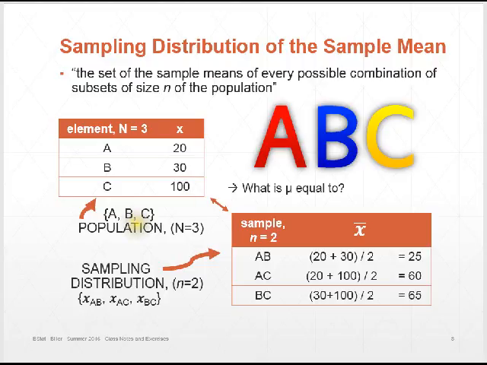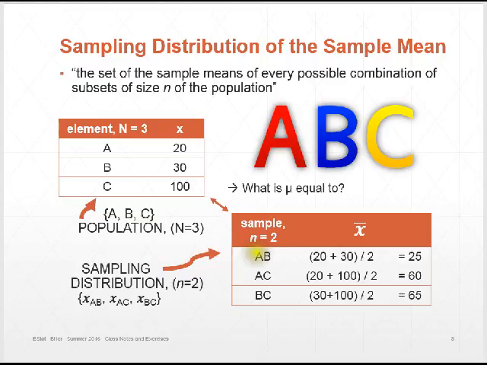So let's take a sampling distribution of size 2 from this population. Whenever we talk about sampling distributions, they always relate to one exact sample size. Here our population is size 3, so the only sample size that would make sense to illustrate this would be sample size 2.